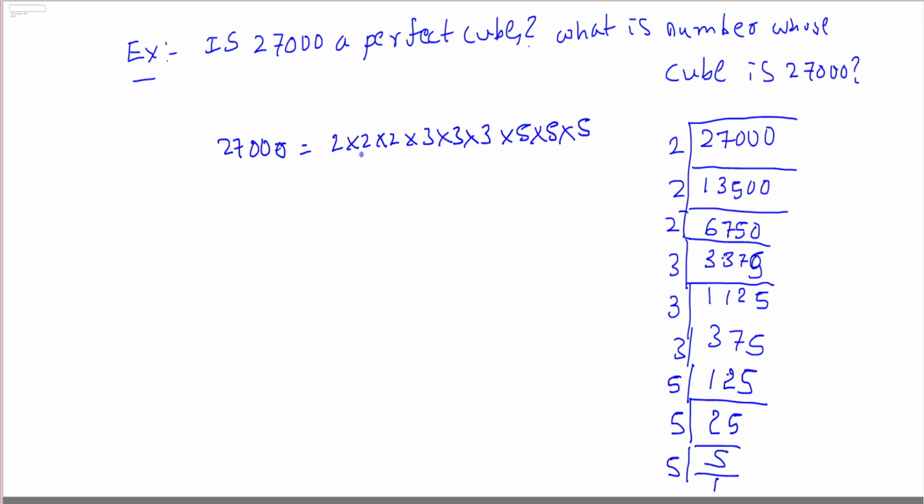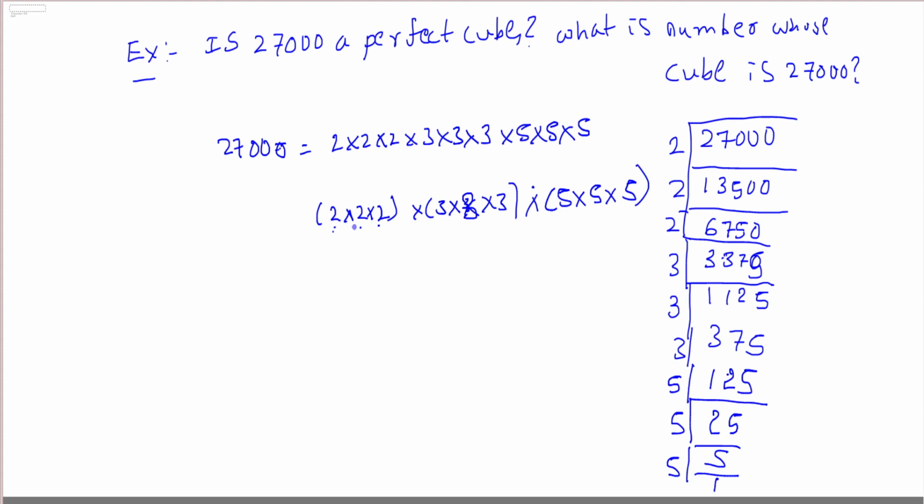You have to group the factors in triples in such a way that each group contains an equal number of factors, 3 equal factors. Then the given number is a perfect cube.